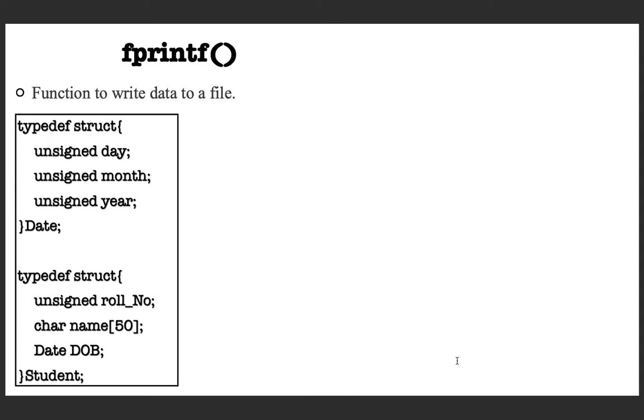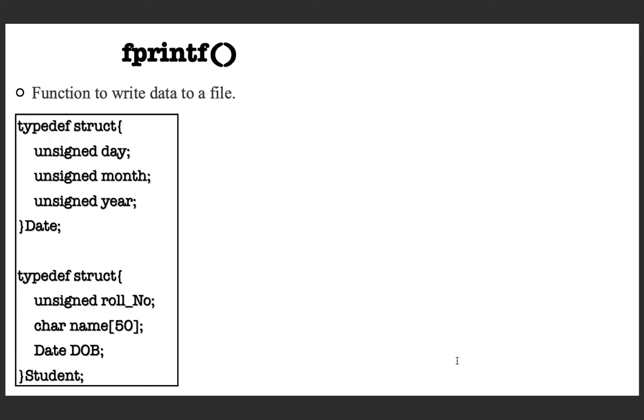We can try to understand how it is working using an example, and in the examples today we will also see how we can use a pointer to a structure variable. That is another programming aspect that we are going to discuss along with these IO operations on files.